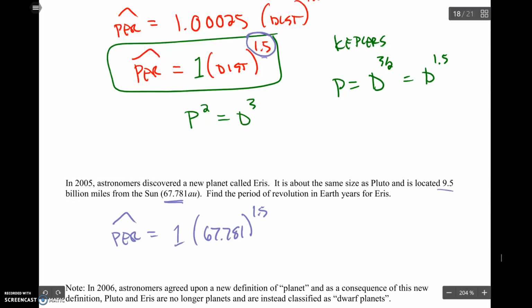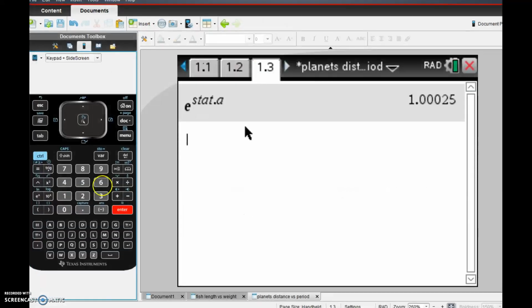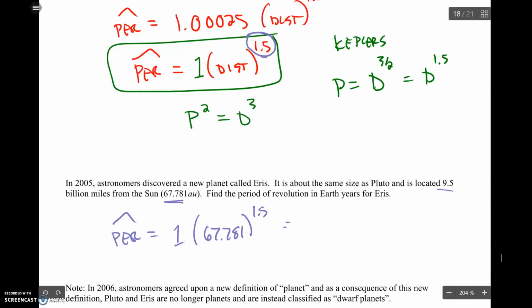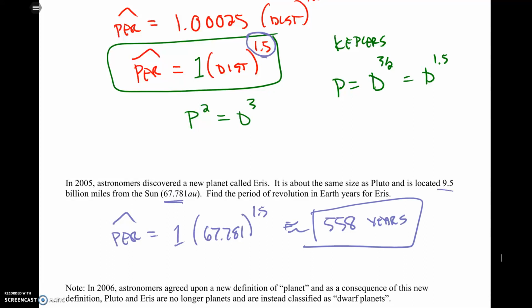So just take 67.781 to the 1.5 power. 558, about 558 year period. So that means it takes almost half a millennium just for the planet to go around the sun one time.